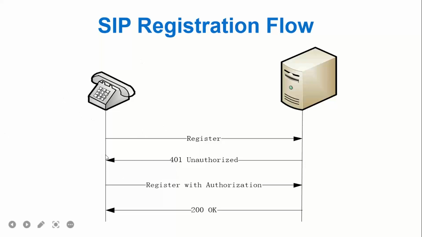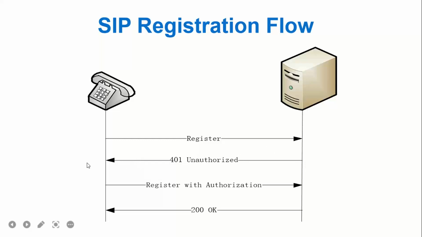And then when the IP phone on the left side receives this 401 Unauthorized, the phone will calculate a response based on the nonce, or the key, the PBX is giving.